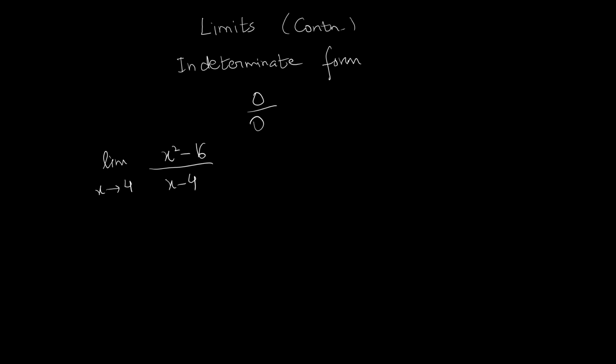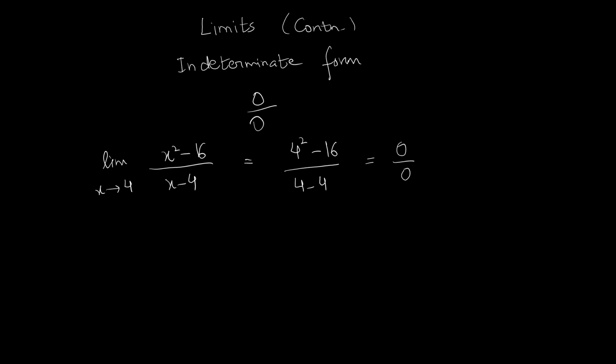Now, you can see if you plug in x equals 4 directly, 16 minus 16, which is 0, an indeterminate form. So in these cases, algebraic simplification comes in handy.